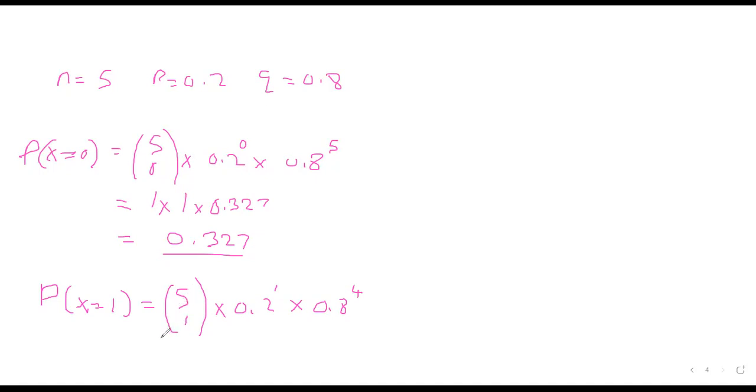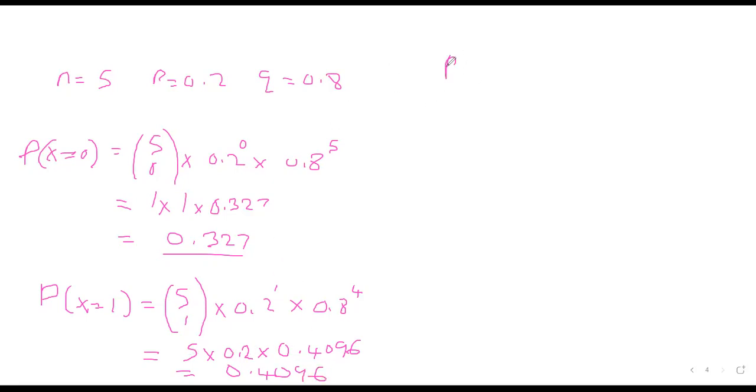So 5 combination 1 is 5. 0.2 to the power 1 is 0.2. 0.8 to the power 4, what are you getting? 0.4096. The final answer is the same, 0.4096, because this gives you 1.